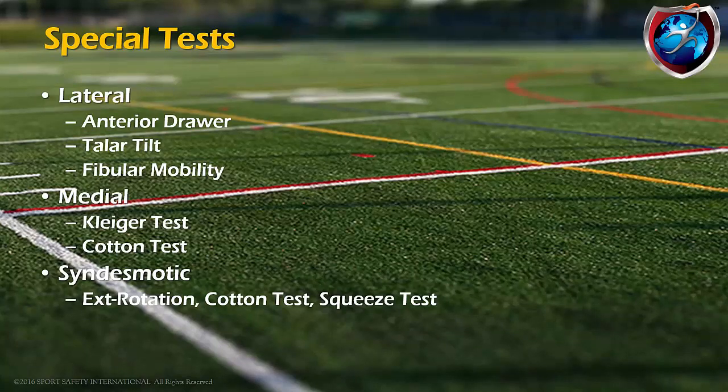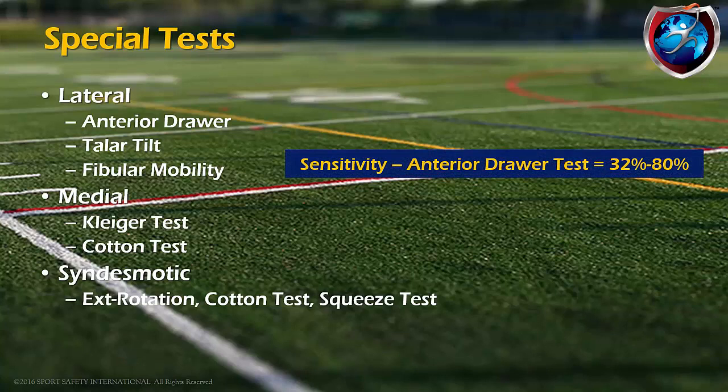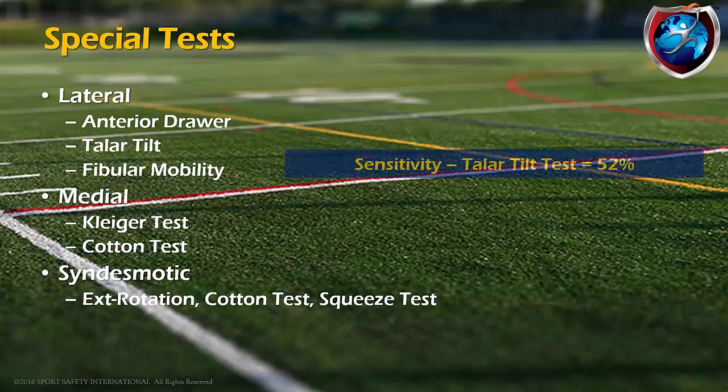Surprisingly, few authors have evaluated the diagnostic accuracy of special tests to assess the most commonly injured ankle ligaments. The gold standard for ligamentous injury has been observation of such injury during surgery. Sensitivity for the anterior drawer test, the most common test to assess the ATFL, has been reported to range from 32 to 80%, while specificity has only been reported in one study.